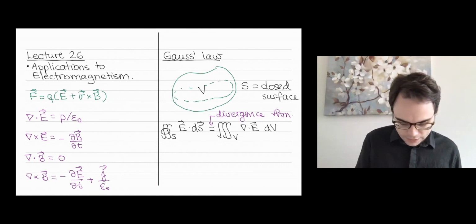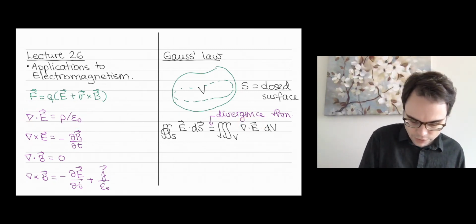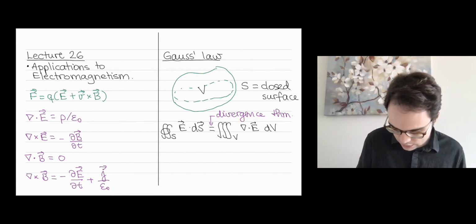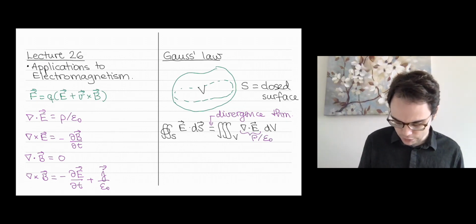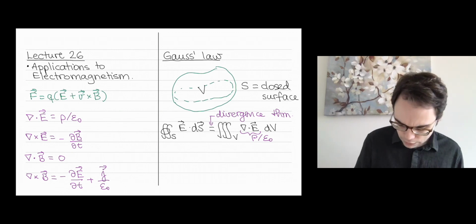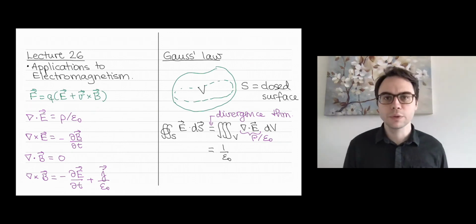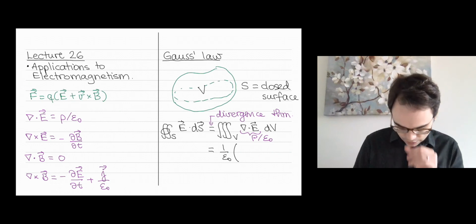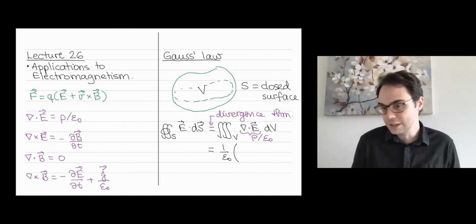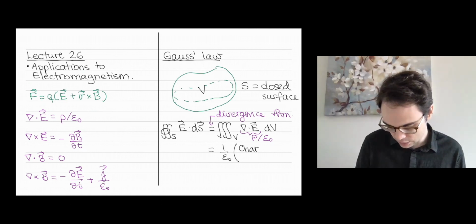Now we're in position to use the first equation. The first of Maxwell's equations tells us that the divergence of E is the charge density divided by epsilon 0. So epsilon 0 comes out of the integral, and I'm left with the triple integral of the charge density. This tells us that the triple integral of the density is just the total charge inside the surface.